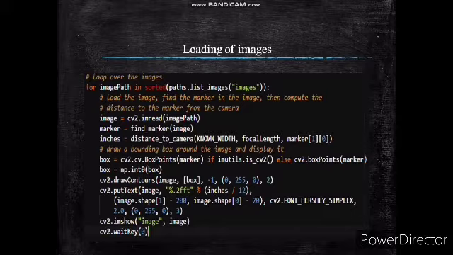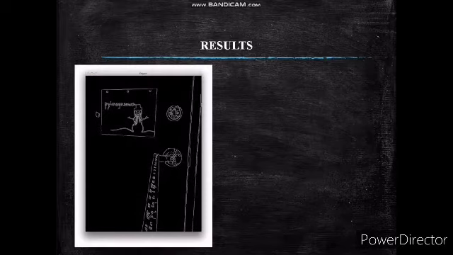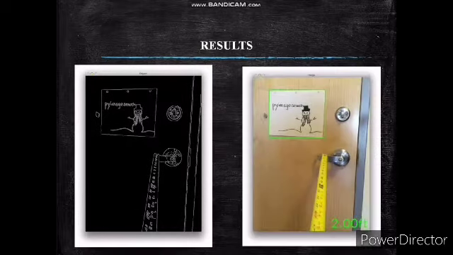Then finally we have to draw a bounding box around the image and display it. So if we give all these steps, finally we'll get the image like this. As I said before, I kept the camera 2 feet away from the object and I get this image.